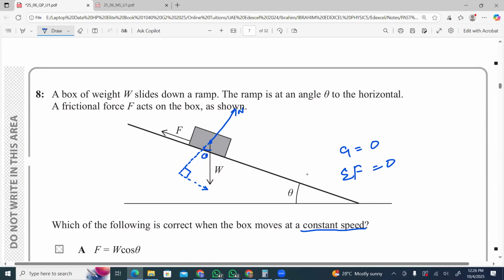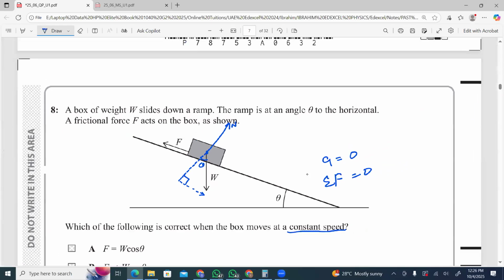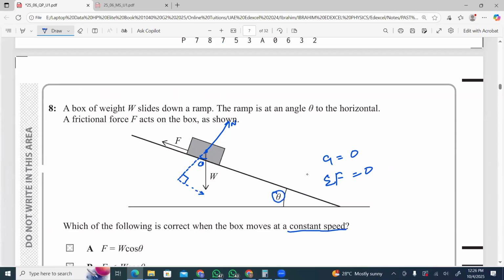Whatever you have in here, it will come here. For example, if here it is 25, you need to write here 25. So if it says theta, you have to write here theta. Now theta and 90 are on this side, so this is going to be my cos side.